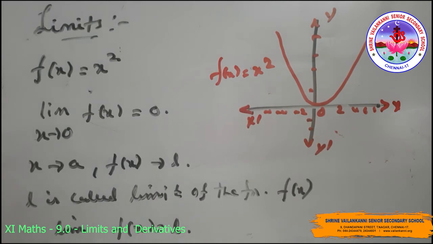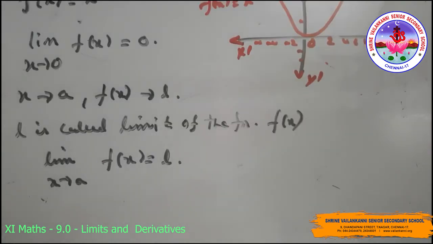The limit of f of x as x tends to 0 is to be thought of as the value f of x should assume at x equal to 0.